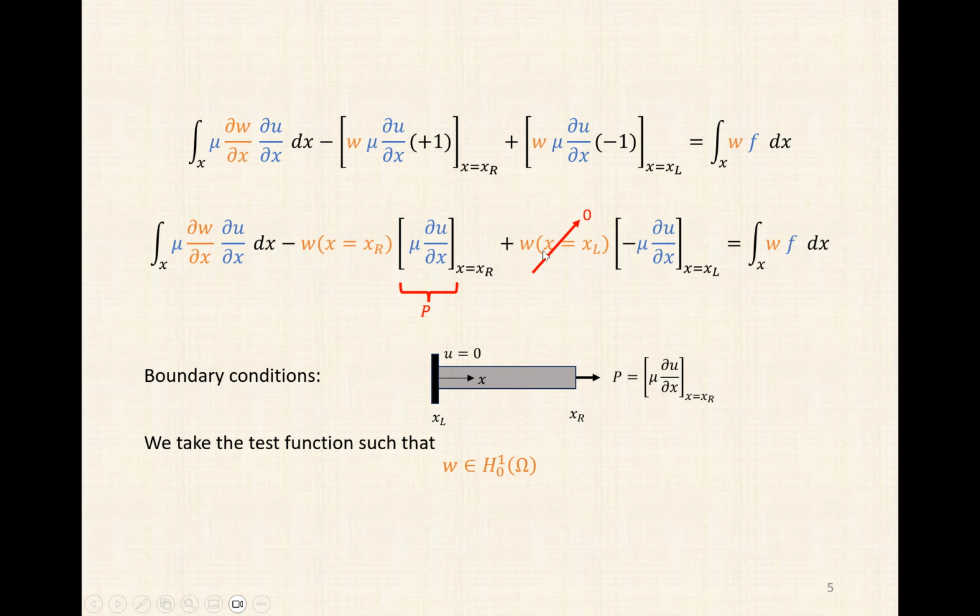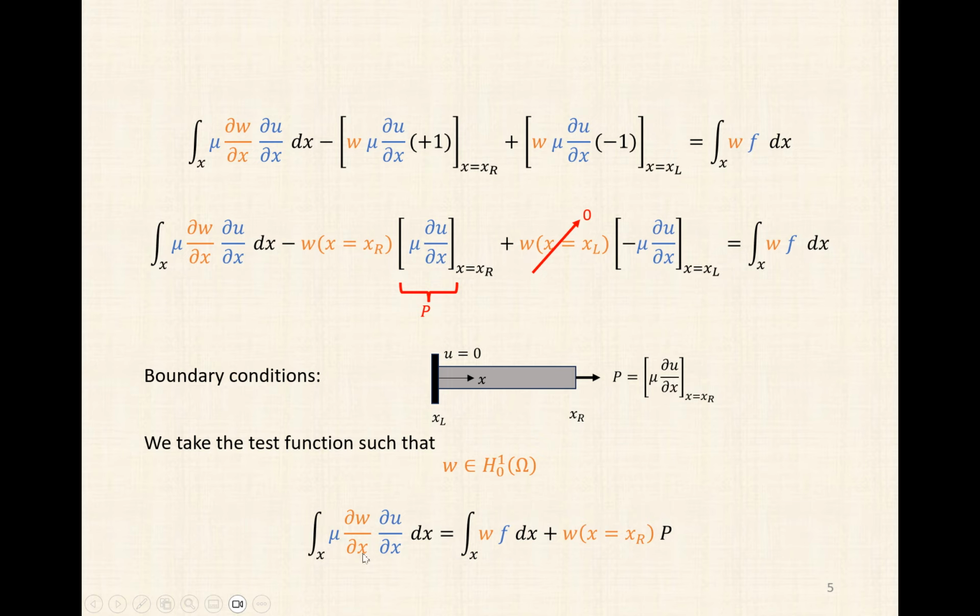So by removing the left term and replacing this with p, we have the first term, integral of mu dou w by dou x and dou u by dou x dx, equal to the term due to the force, the source term, and then from here, w at x equal to hr, that is the weight function at x equal to hr, multiplied by the specified value of p. Okay, so this is the weak form in one dimension.